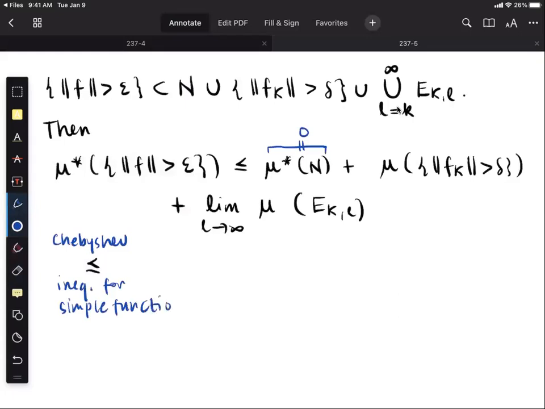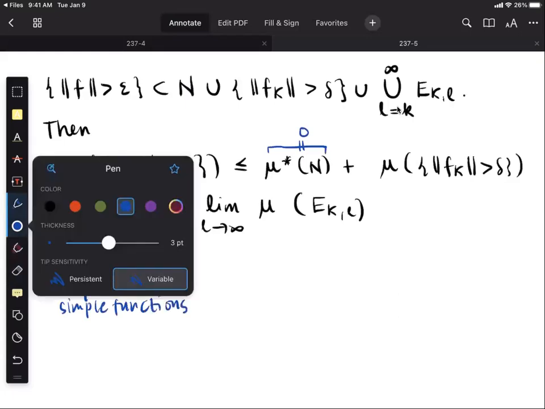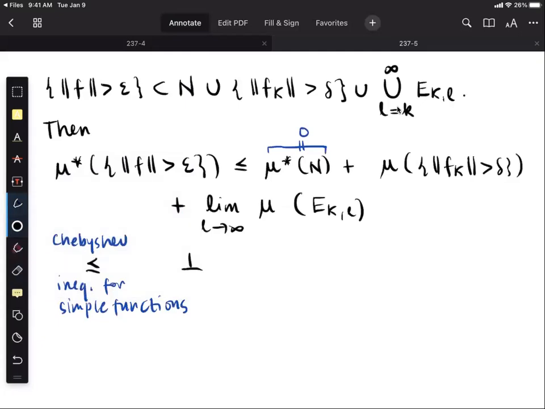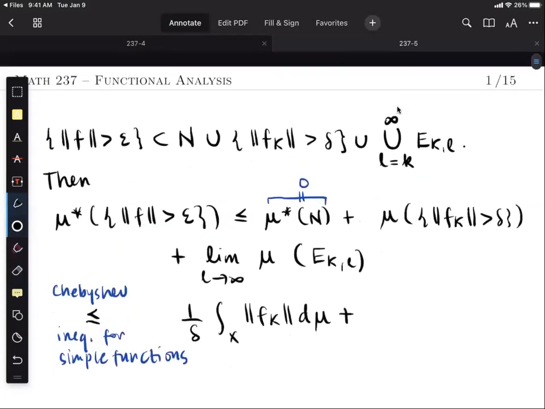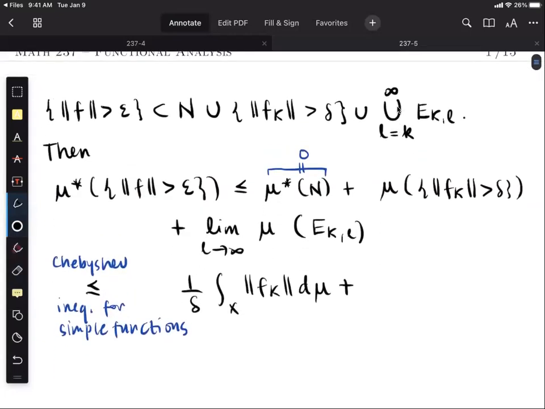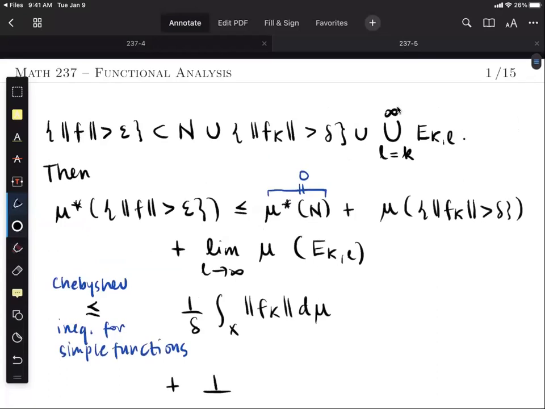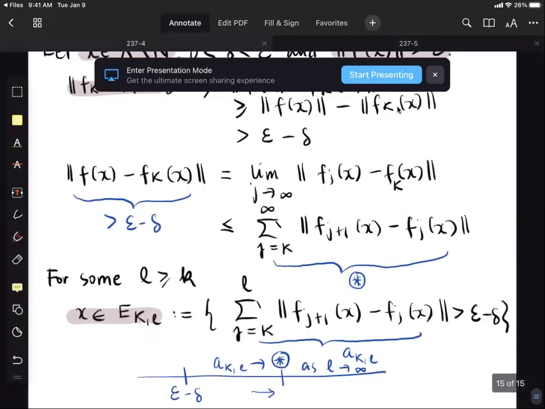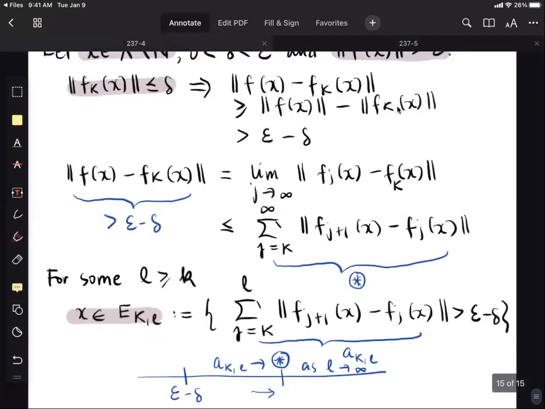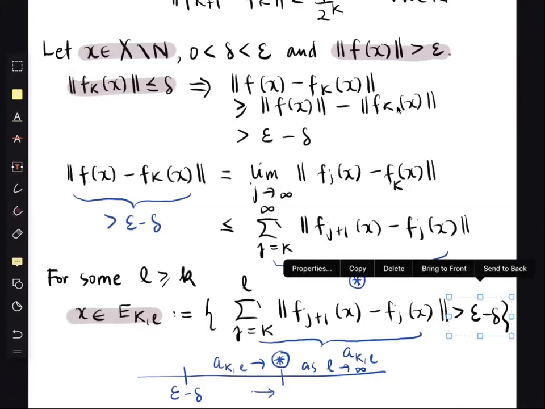Since f sub k is simple, we can apply the Chebyshev inequality. This is 1 over delta times the integral of f sub k d mu. The second term would be, again applying the Chebyshev inequality for simple functions, that would be, for A k,l, take note that the lower bound is epsilon minus delta here.